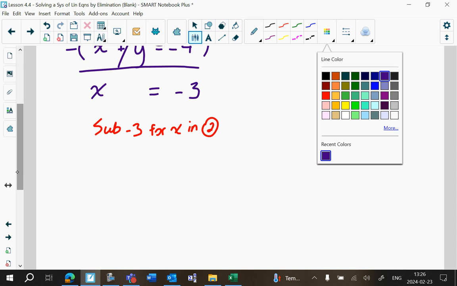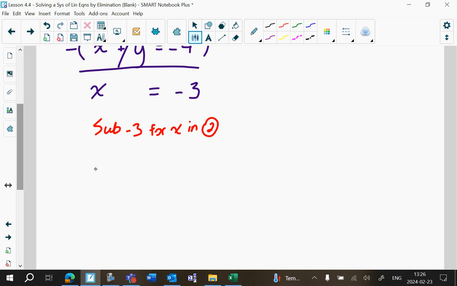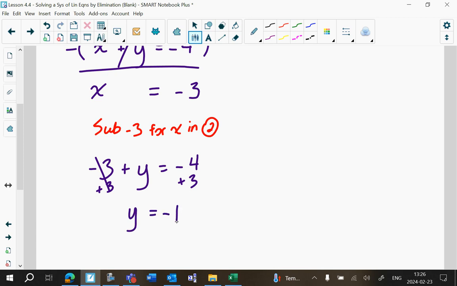So that means equation 2 looks like, instead of x, I write -3 plus y is equal to -4. Solve for y. Add 3 to both sides. y is equal to -1, and you've got your solution. You can write it as a coordinate, or you could just write x equals -3, y equals -1. You don't have to write both. Either one is fine.